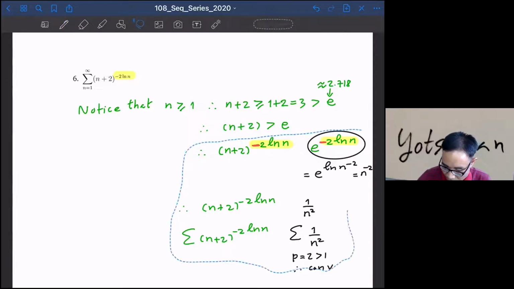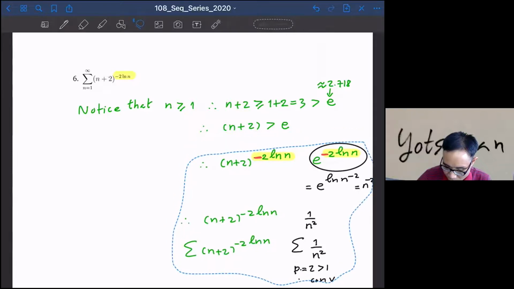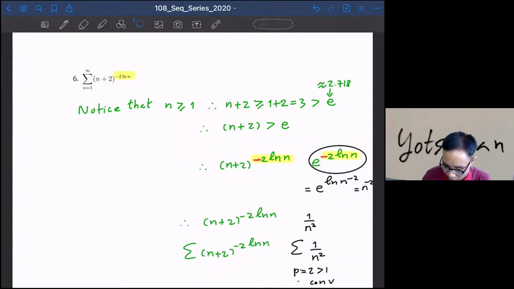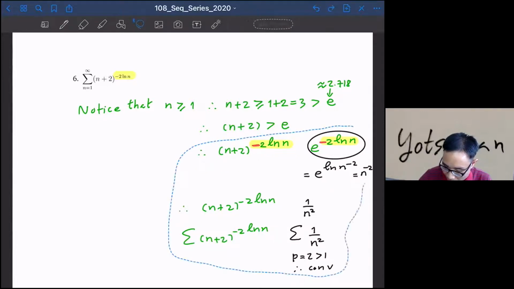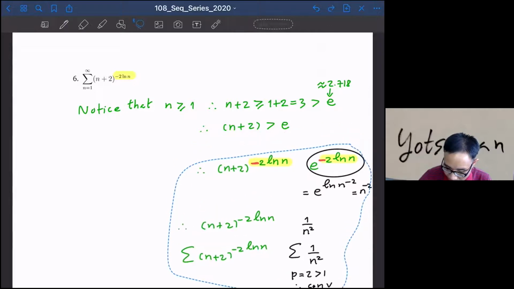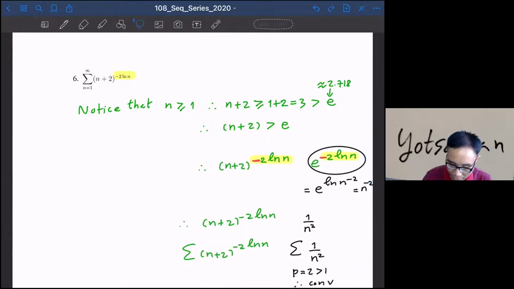Let me move this one down a little bit. Before, I had the negative side, but I should just have the positive side.